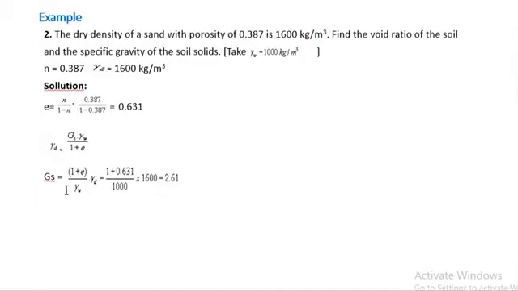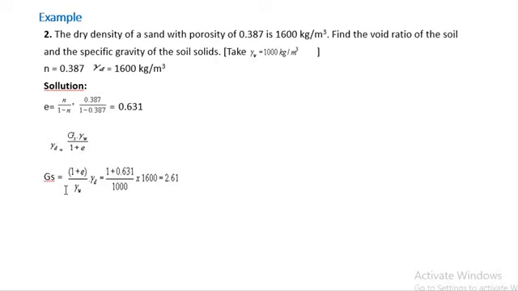Another example: the dry density of a sand with porosity of 0.387 is 1600 kg per meter cube. Find the void ratio of the soil and the specific gravity of the soil. Gamma W is given as 1000 kg per meter cube. Porosity is 0.387, gamma D is 1600 kg per meter cube. So they have given you porosity and gamma D. By porosity we can find void ratio.